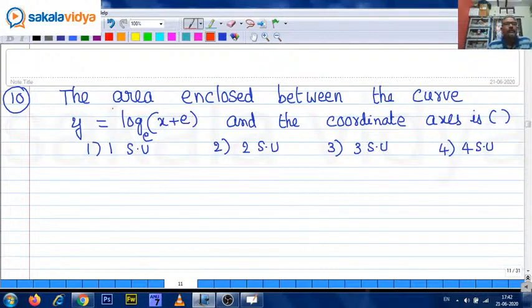Now, the area enclosed between the curve y is equal to log of x plus e to the base e and the coordinate axis.